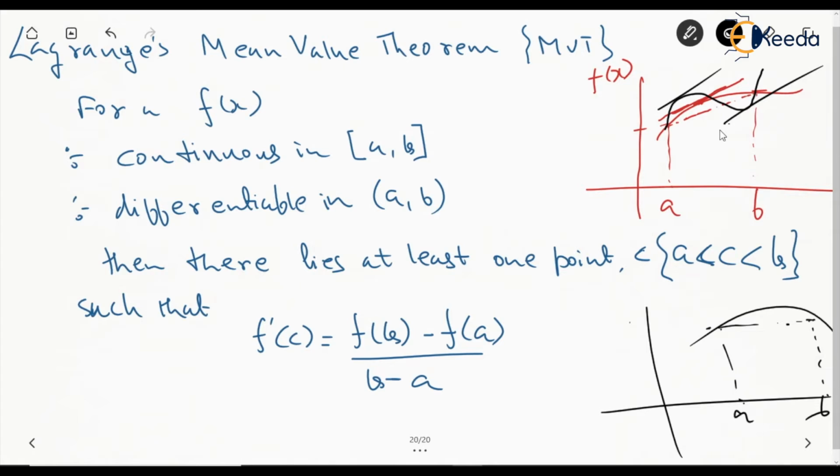Of course this is continuous and differentiable in this region. So there will be a point c for which the function's derivative or the slope we are going to get is going to be parallel to the x-axis. Why? Because f of a and f of b are equal, so f of b minus f of a will become 0. So Rolle's theorem is a special case of Lagrange's mean value theorem, right?